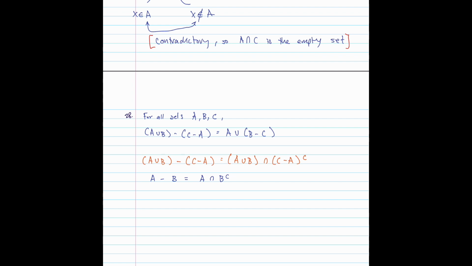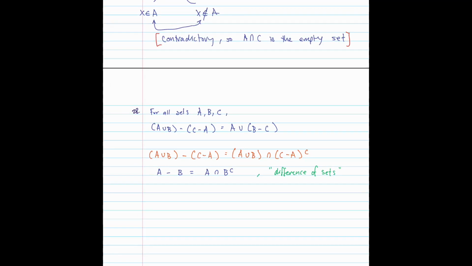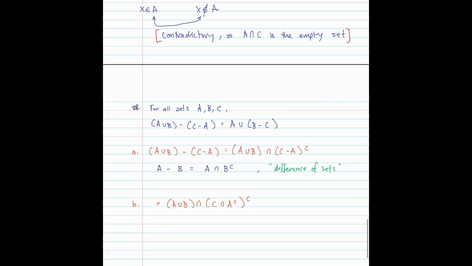So the reasoning here would be difference of sets. Then the next step they did was the right hand side was A union B intersection with C union A complement, and put all that in the complement as well.